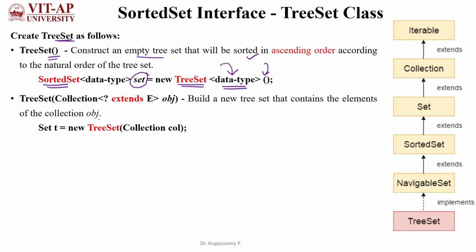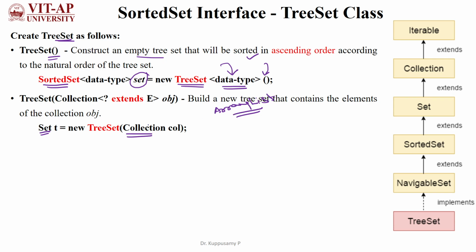Likewise, we can instantiate the variable here to implement the set interface. Here we can use collections. Already we will have some collection like ArrayList or LinkedList or Vector class, Stack class, or HashSet, or another TreeSet.